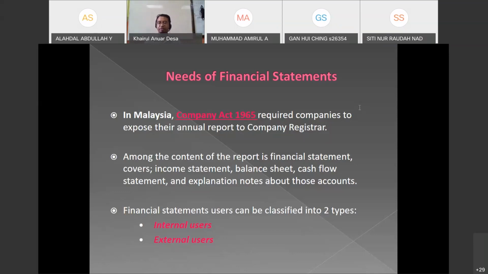So public in overall, including student, including our class members. Got it? Setakat itu dapat? In conclusion, the users of annual report can be divided into two: internal users and external users.